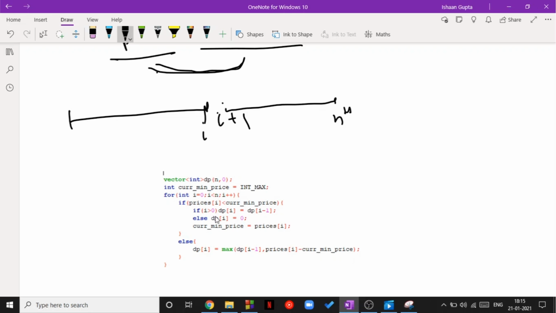If current price is more than current minimum price, then we will take maximum of previous day value and the current profit we can make. So this is how we will make DP of I, which means the first part.